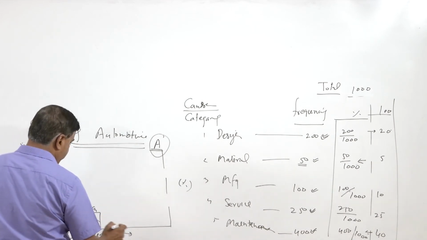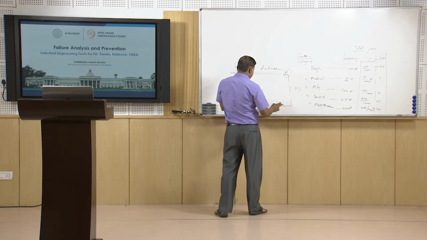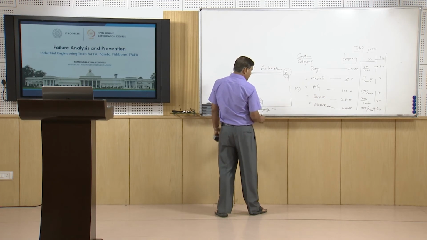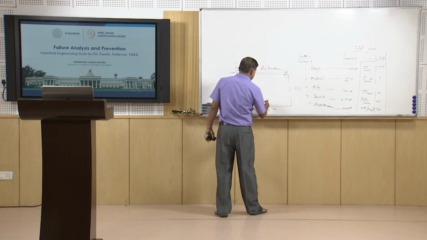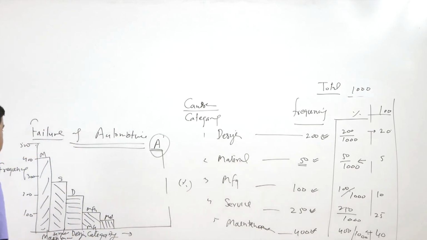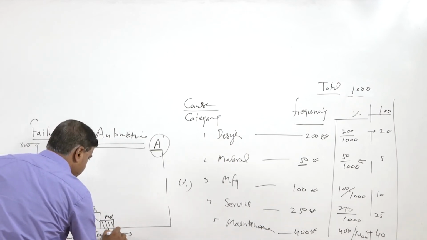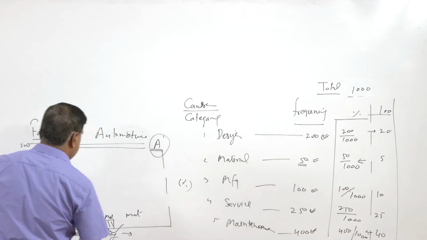If we have other factors, they can be put at the end, or if identified, like here it is material. Material is again 50, and this is the bar chart, the column for the material.